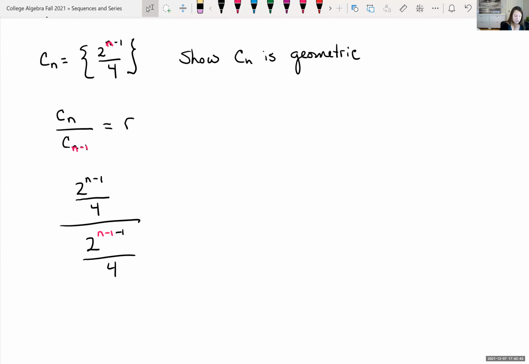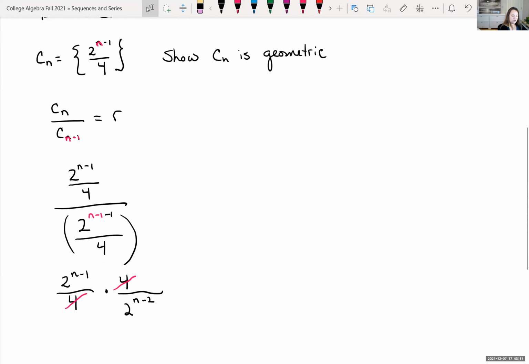We can think of this as a fraction divided by a fraction. So this is the same thing as 2 to the n minus 1 power over 4 times the reciprocal of the second fraction, so 4 all over 2 to the n minus 2. I'm going to just combine minus 1 and negative 1, which is minus 2. Notice our 4's cancel.